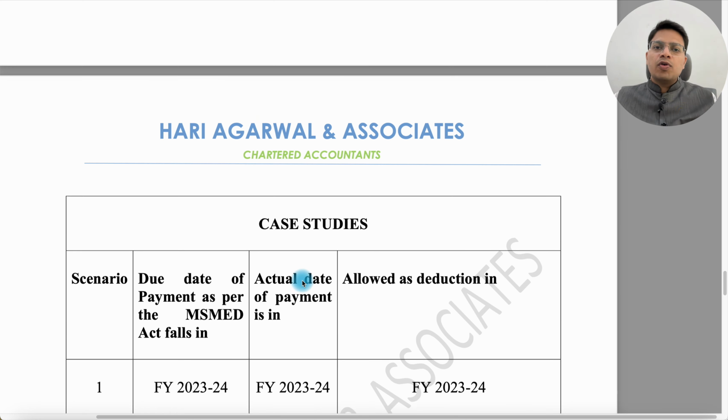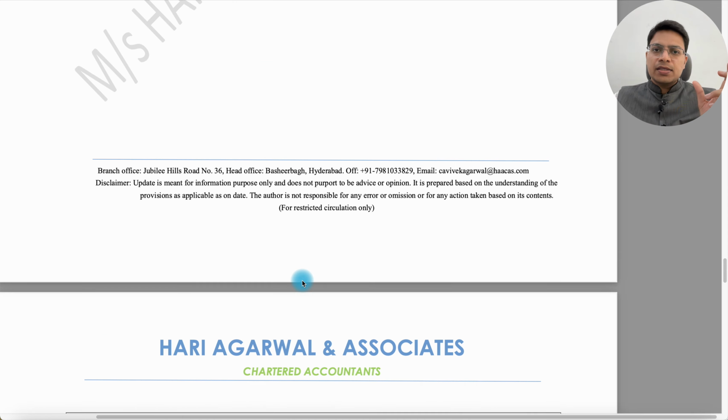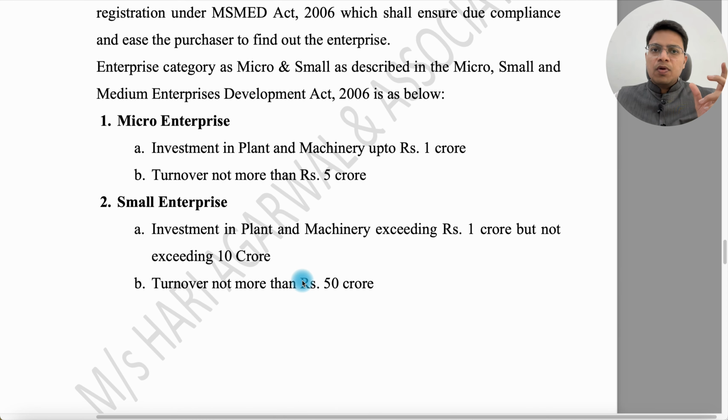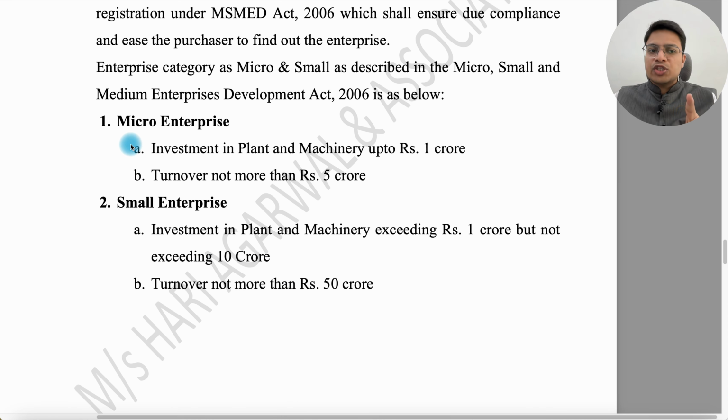So first you'll have to send a mail to your suppliers asking them whether they are falling under the definition of micro enterprise or small enterprise, because these provisions of disallowance are applicable only to micro enterprises and small enterprises. So you will have to send mail to your suppliers asking them to confirm whether they are falling in the definition of micro enterprise or the small enterprise. That is your step number 1.